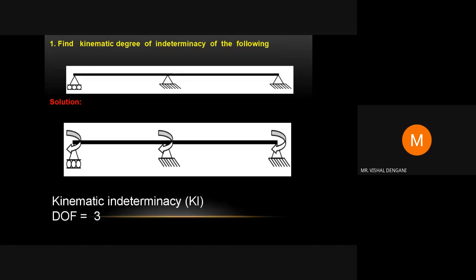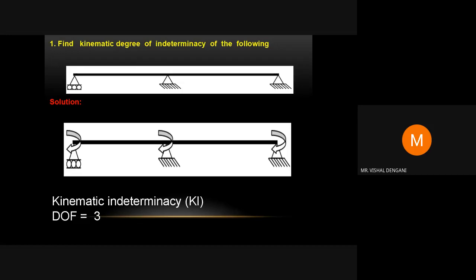So at the roller support, in which direction is displacement possible? Roller support is restrained in y direction, so possible displacement is along X and Z. That is already given in the table.